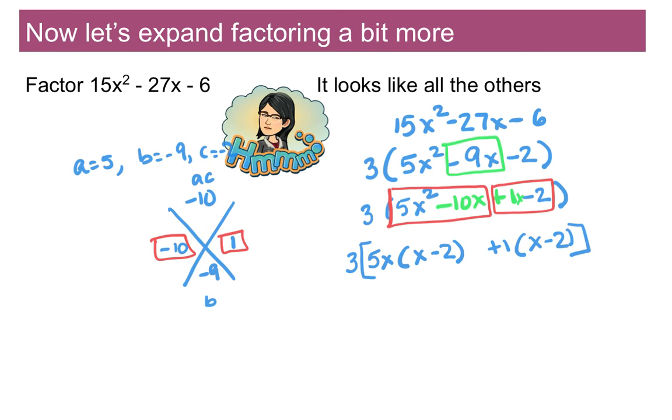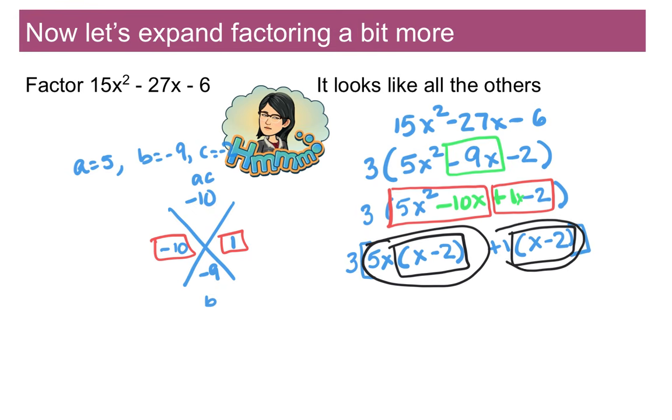I now notice that these are common when I'm considering the first term and the second term, so I can factor those out. So let's go ahead and do that. I still have that 3, not going to forget about that. I'm going to factor out the x minus 2 because that's what's common to both terms.